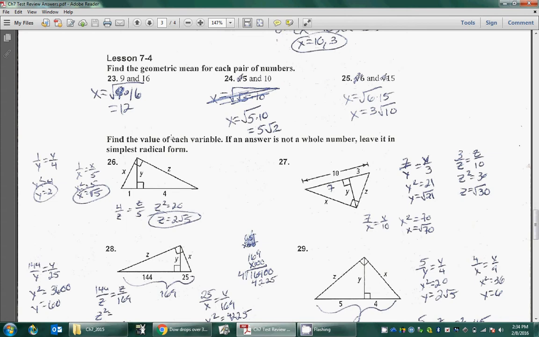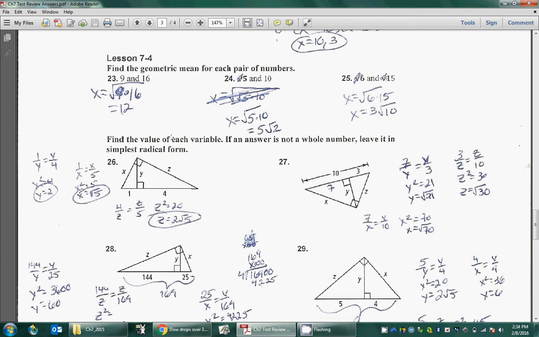Alright, so for 7-4, people always seem to be kind of confused with geometric mean, and it's kind of like riding a bike, okay? It's not too bad once you get in the habit of doing it, okay?